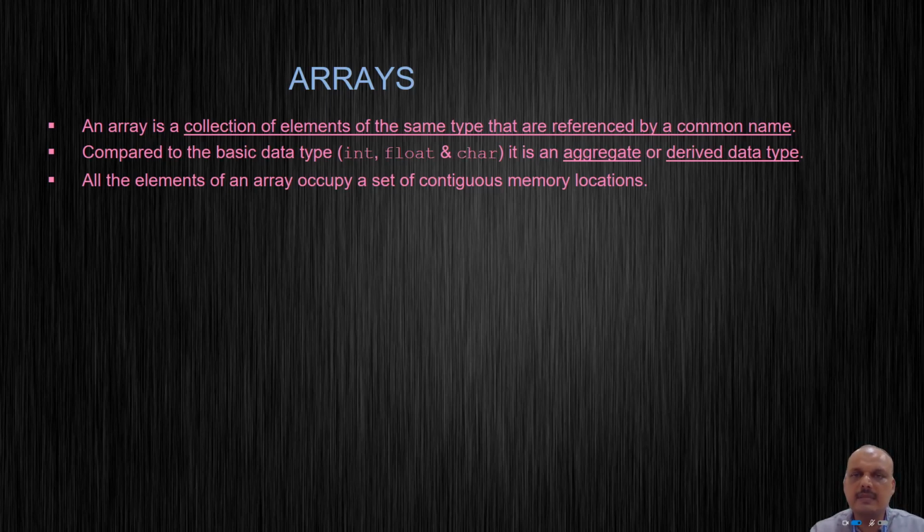So an array is basically a collection of a set of integers, or a set of floats, or a set of characters, etc. The point to be noted is that all the elements in the array occupy continuous memory locations in the data memory.